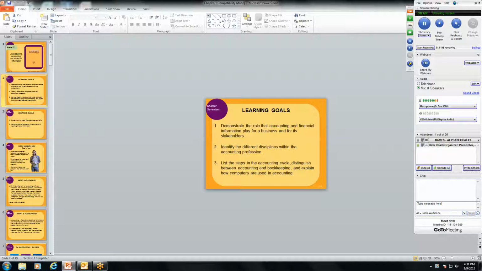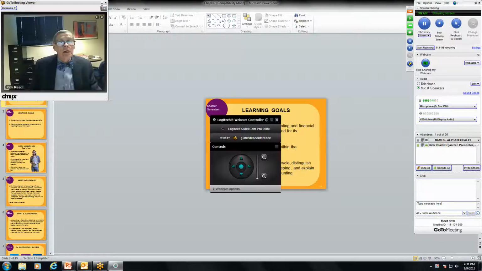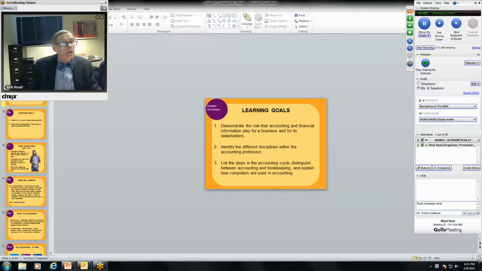So, our learning goals for this chapter: demonstrate the role that financial and accounting information play for a business and its stakeholders. Identify the different disciplines within the accounting profession. List the steps in the accounting cycle.